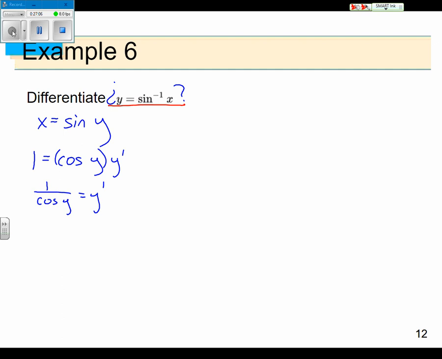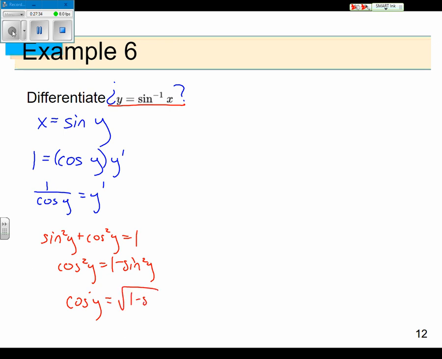I know that sine squared plus cosine squared equals 1. And since we're talking about y, I'm just going to put all these in terms of y. And so that means that cosine squared y would be 1 minus sine squared of y. So cosine of y would just be the square root of 1 minus sine squared of y.